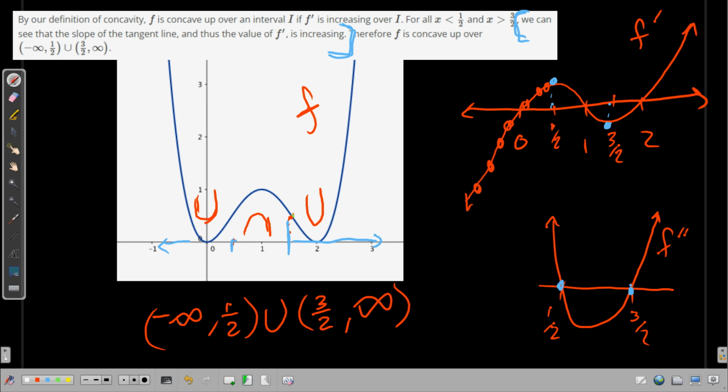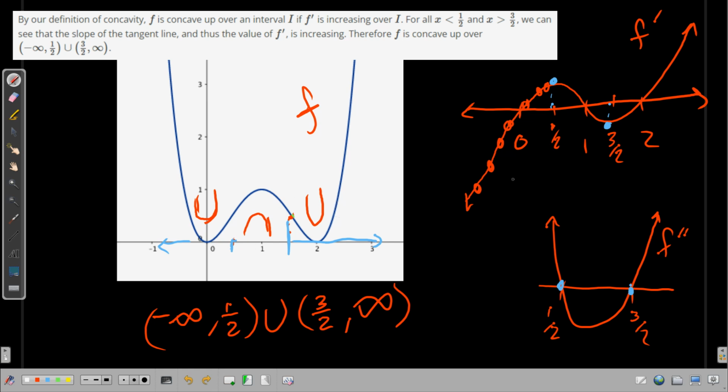Let me think again for a minute. All right, well, I guess I changed my mind. The problem here, I guess, is me. I just do not like what they have said. There are far easier ways to understand concavity, namely that it's concave up wherever the second derivative is positive.